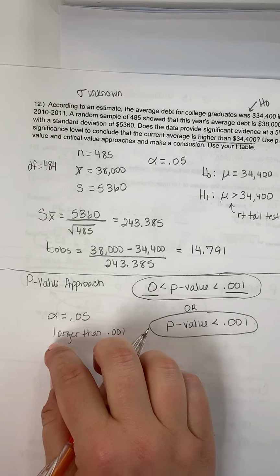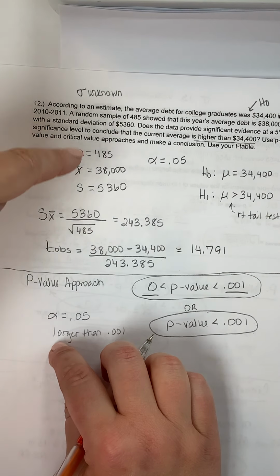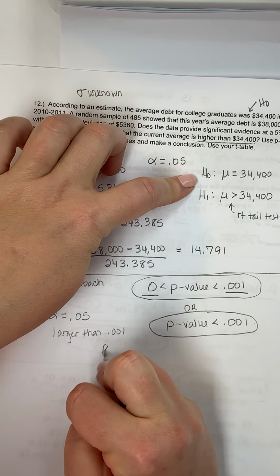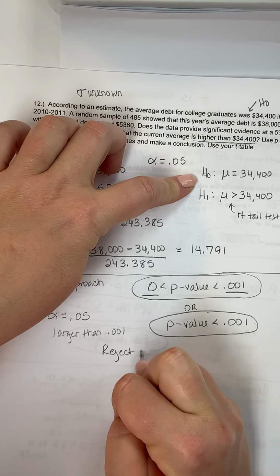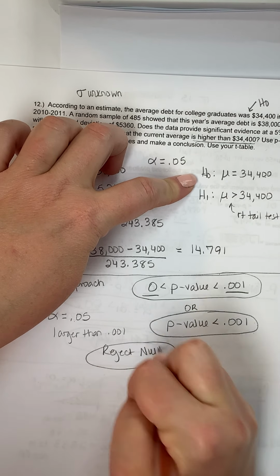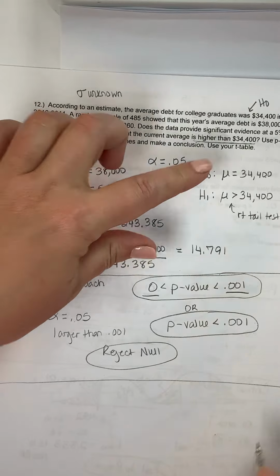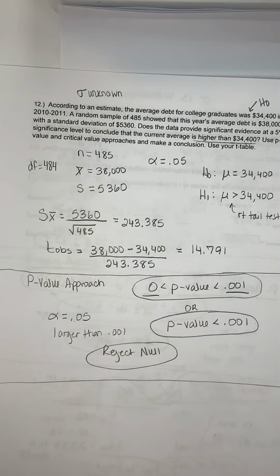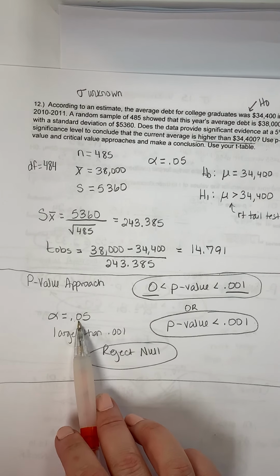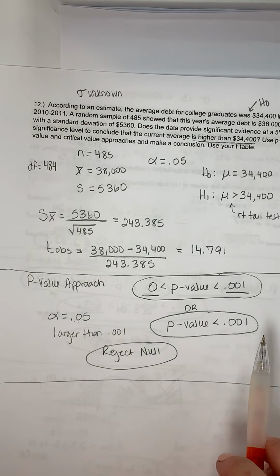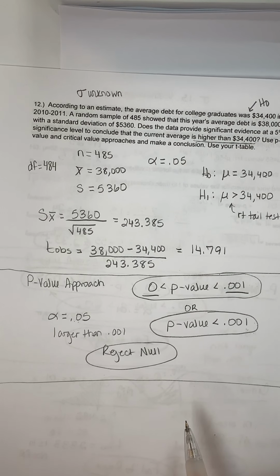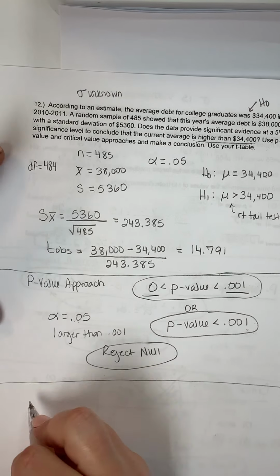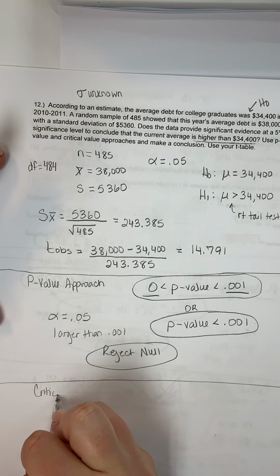That is significant enough that we are going to need to reject our null. We don't get to reject the null a lot, but we are here. We're going to reject our null. That would be our conclusion. Since this significance level is high enough, it's larger than this p-value. Okay, let's try it from the critical value approach.